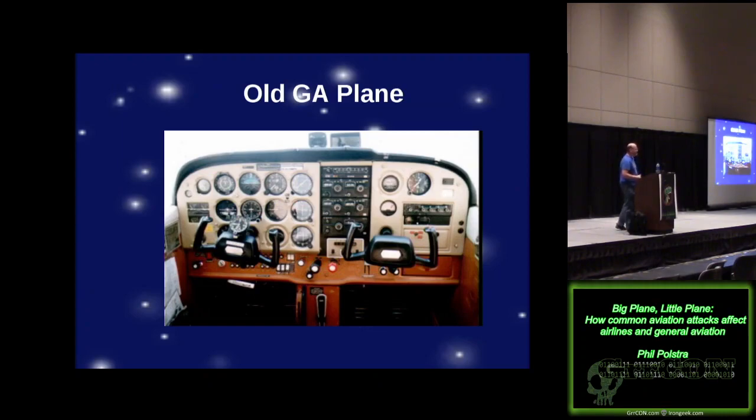Okay, so I said I want to talk a little bit about different kinds of aircraft. So here is an old general aviation aircraft. This, I want to say, is like a 1956 era Cessna here. Now, how do you think you could hack this airplane? Good luck, all right?